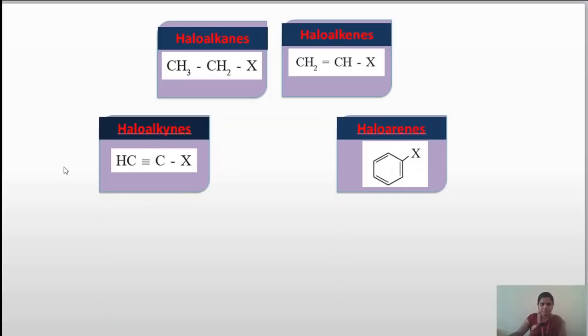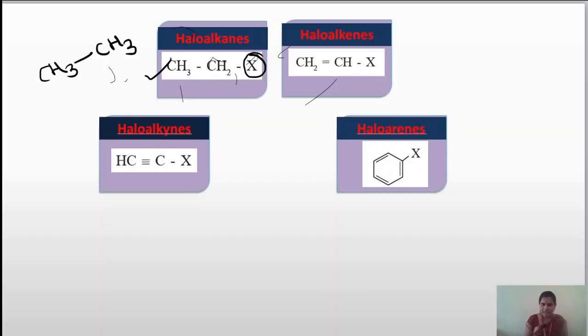Now, here I take the examples. In first, haloalkanes, I take the example of ethane. What is the formula of ethane? You know that the formula of ethane is CH3CH3. And when I replace one hydrogen atom of this ethane by this halogen, then I will get this type of structure, and this structure is known as the haloalkane.